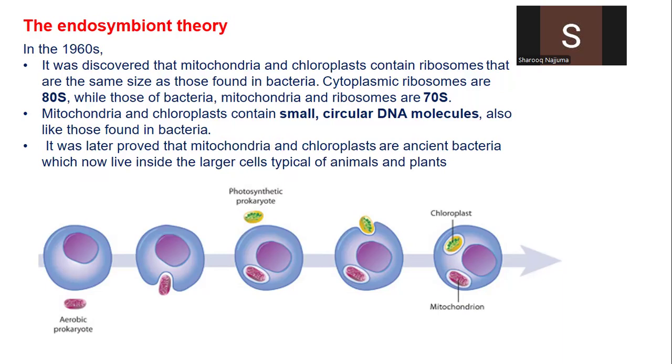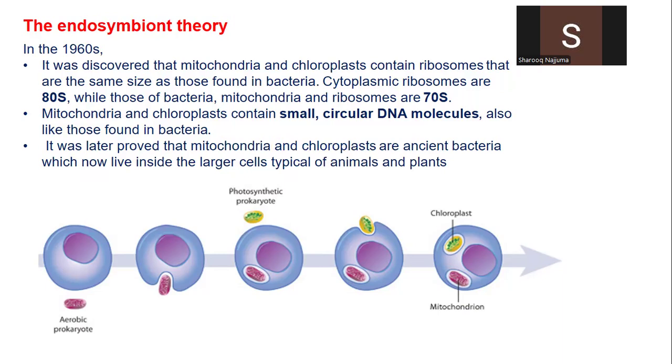So they were wondering, why is it that the ribosomes of mitochondria are similar to those of bacteria? So they further examined the mitochondria and chloroplast and found out that they do not only have ribosomes that are similar to bacteria, but even other structures within these mitochondria and chloroplast are similar to those found in bacteria.